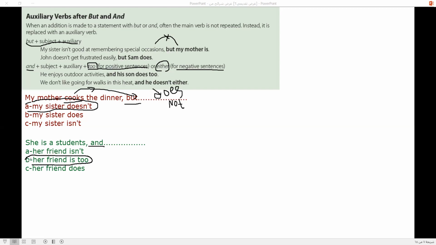Why did we choose her friend is too? Because first of all, I see and, and the sentence is affirmative. So the part here should also be affirmative. عكس but يا ثالث. في but إذا كانت الجملة affirmative إذا ما بعد but لازم يكون negative عكس بعض. صح؟ لكن with and no. If it was negative, it should be negative here. If it was affirmative, it should be affirmative here.